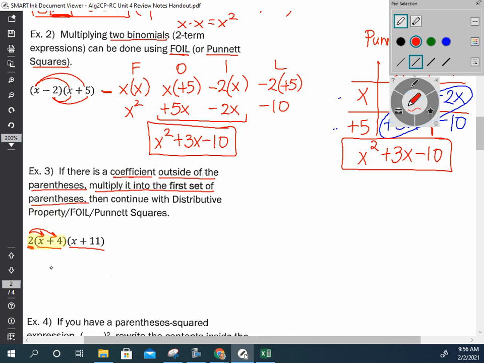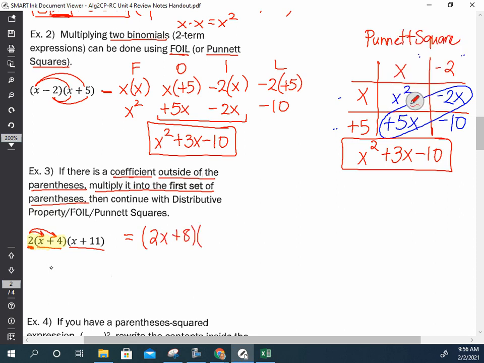So if we multiply it out, 2 times x is 2x, 2 times 4 is 8. 2x plus 8 times x plus 11. Now this problem looks exactly how problem 2 looks.